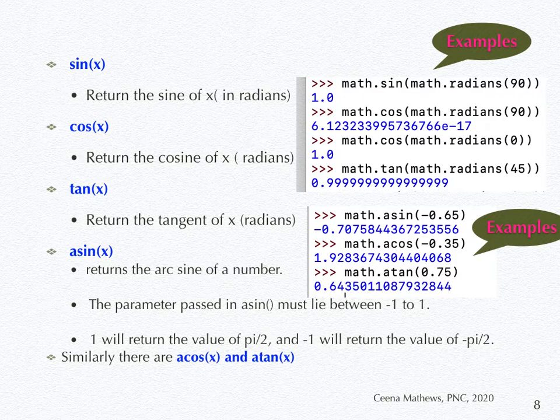It finds the corresponding results, that is, asin of minus 0.65 will give the arc sine of this number, and this gives the arc cosine of the number minus 0.35. Similarly, arc tangent of 0.75 is 0.64 something.